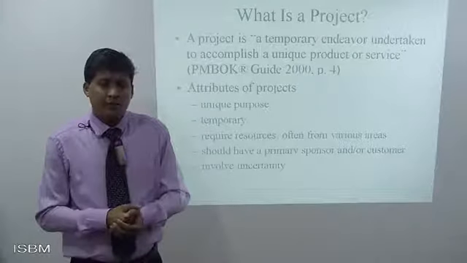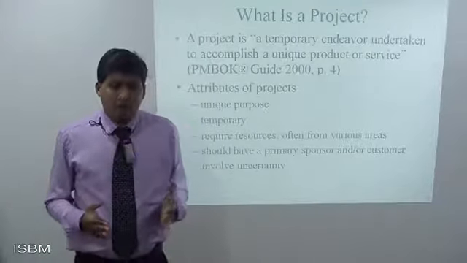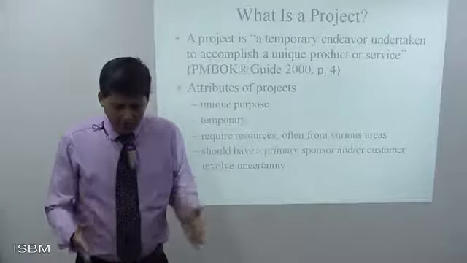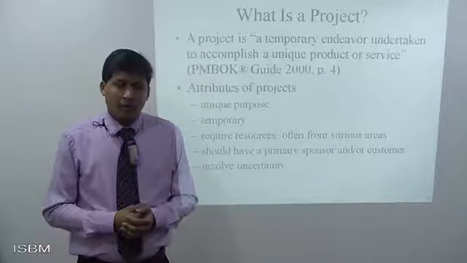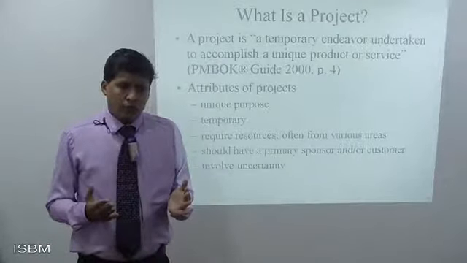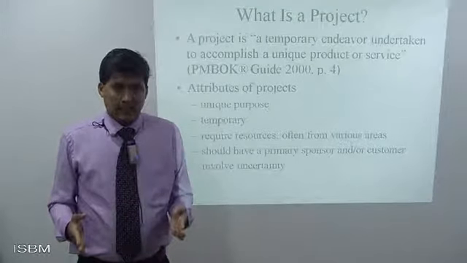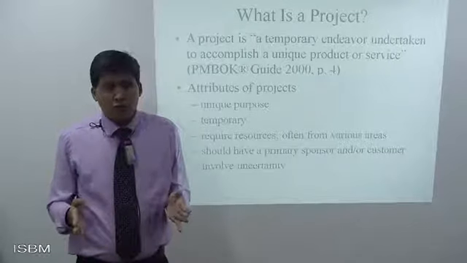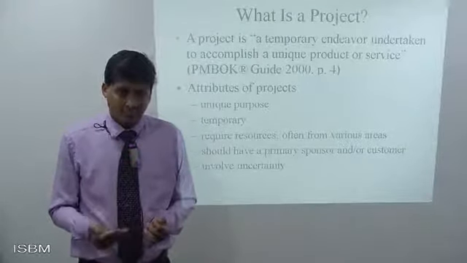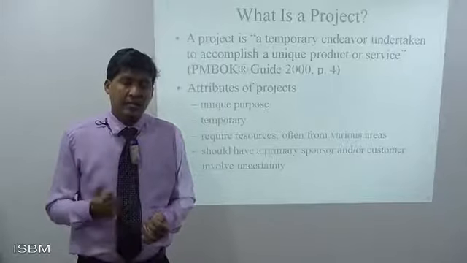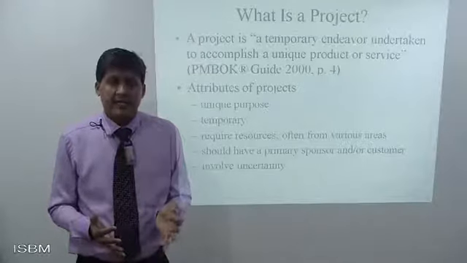Now, why are we calling this uncertain? Because the project is for a specific duration, for example 6 months, 1 year, 5 years, 10 years. So the longer the duration of a project, the higher the uncertainty, because with changing times so many things change, and hence it's very difficult to forecast things that would exist 5 years down the line or 10 years down the line based on current data.